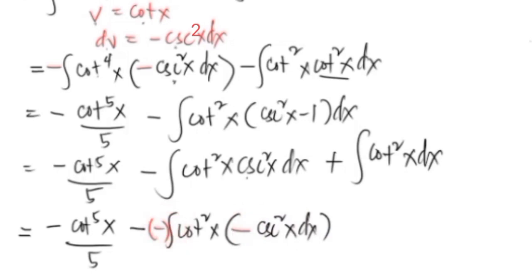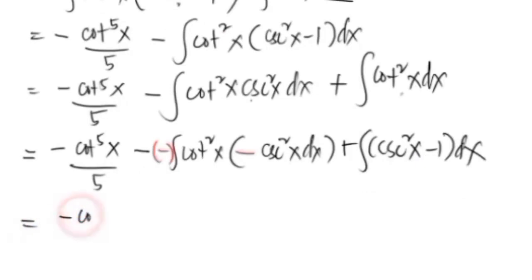For the last term, we express this in terms of cosecant. So that's the integral of cosecant squared x minus 1 dx. So this is negative cotangent to the fifth of x over 5 plus, since this is the derivative of cotangent, therefore n plus 1 over n plus 1, so it's cotangent cube x over 3. Then we distribute this.